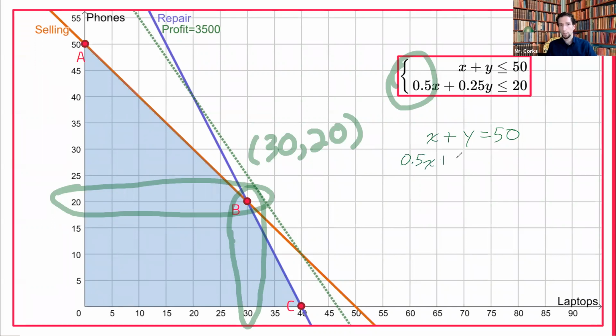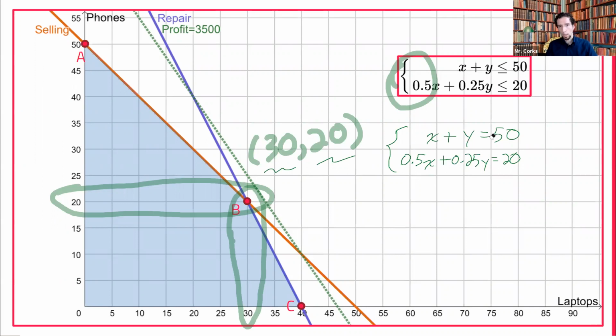And 0.5x plus 0.25y equals 20. That's a system of equations with 2 equations and 2 unknowns, and it's pretty easy to solve. We could just do some very quick algebra here. What's the x, what's the y, and then we would get these same results, 30 and 20.